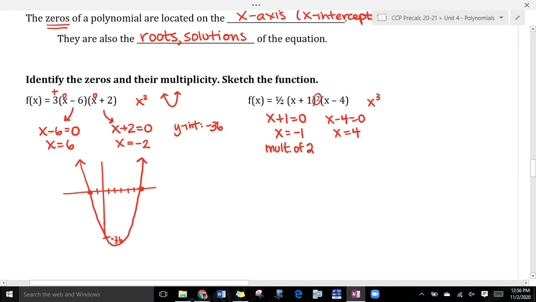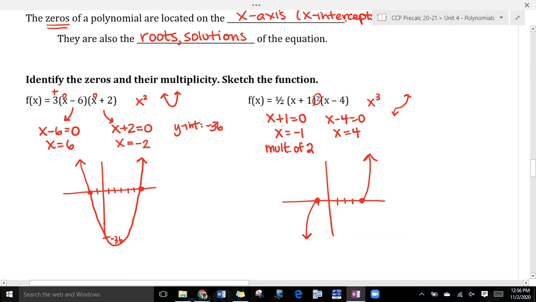It has a positive number in front, so I know it's going to be shaped something like that. At negative 1, I know it touches the x-axis, and at 4, I know it touches the x-axis. And based on what I know about the shape, the right side is heading up, the left side is heading down, because that cubic shape with the right side heading up.